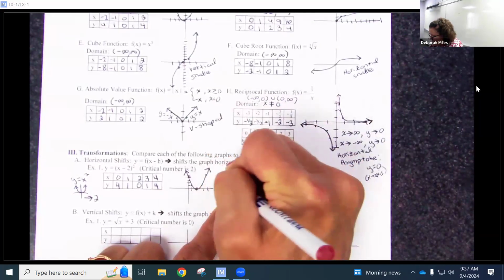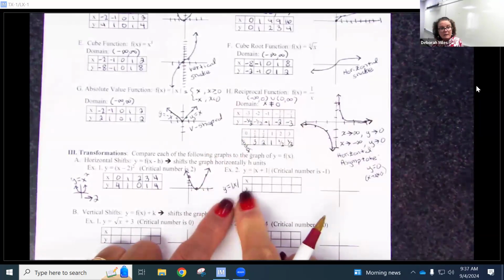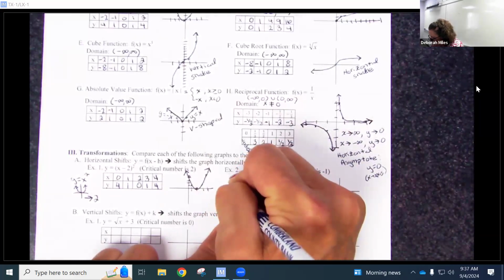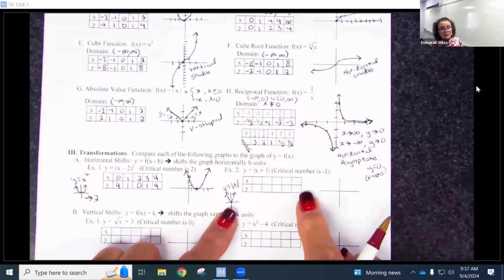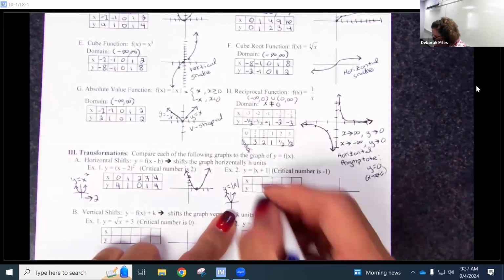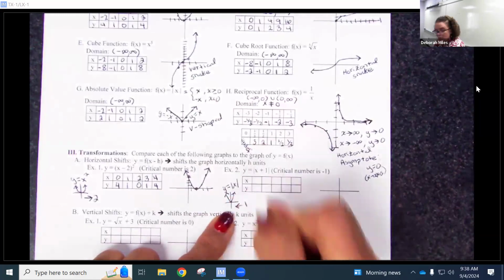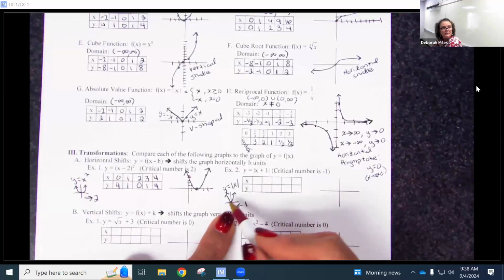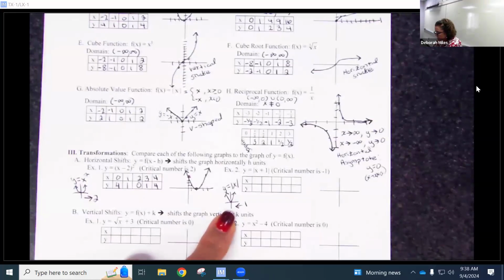I'm just going to say that I know the basic graph of absolute value of x is this V shape. This graph is just this graph scooted to the left 1. That's where its turning around point is going to be, or its critical point.